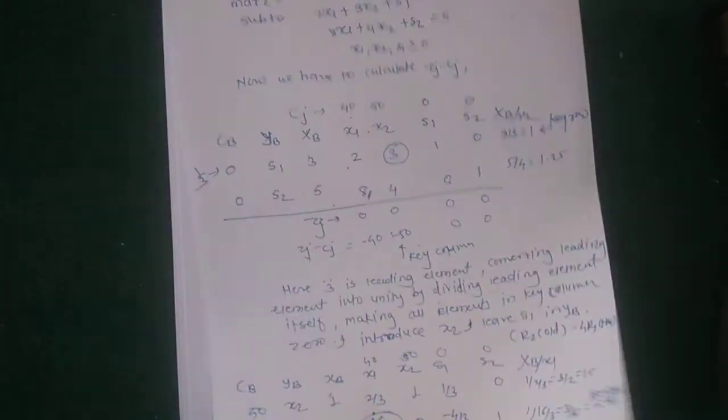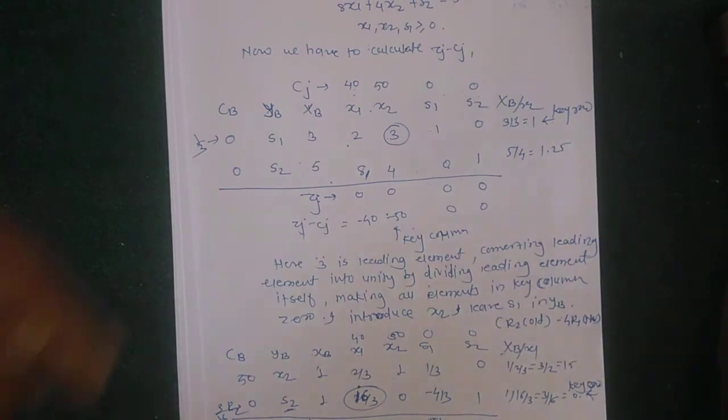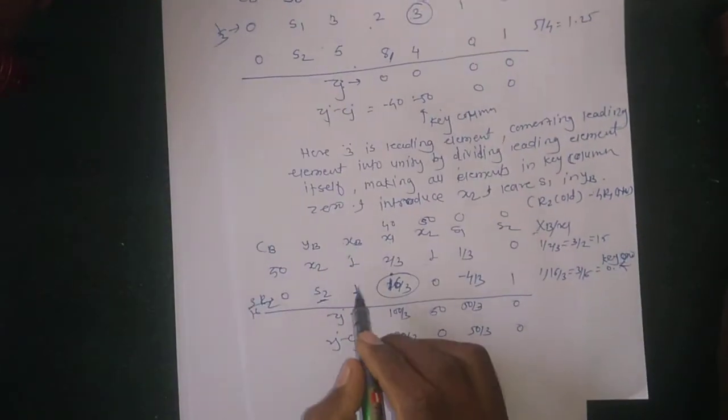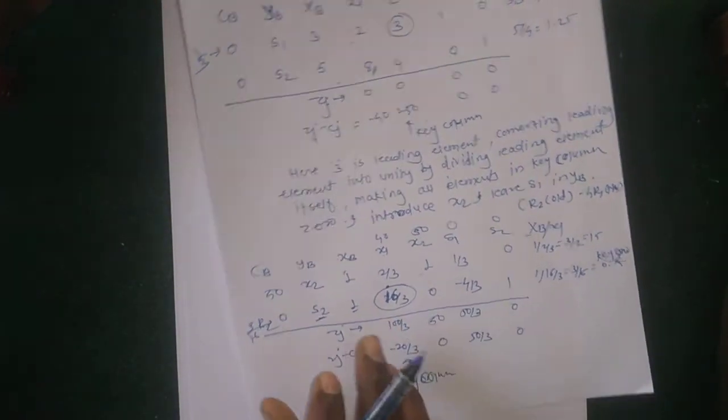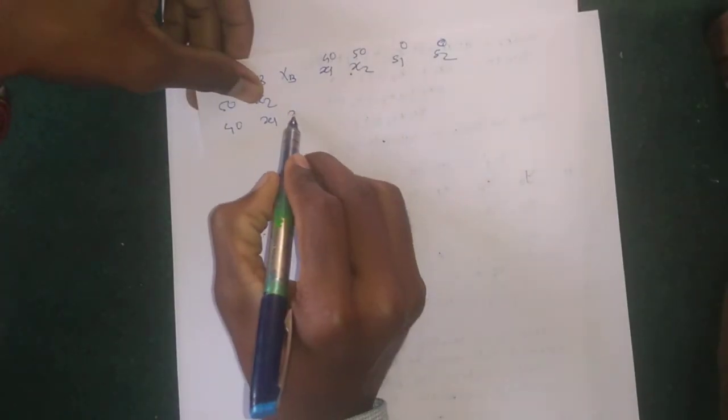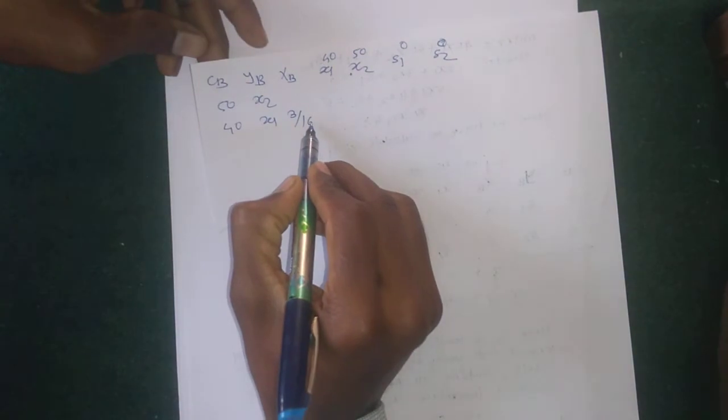Here, multiplying the second row by 3 by 16, we get 1 into 3 by 16, the value is 3 by 16.